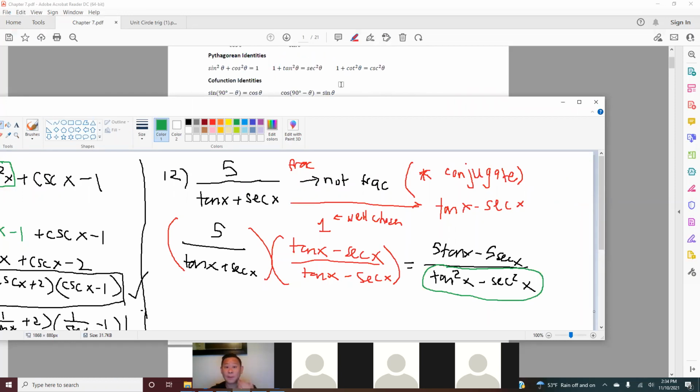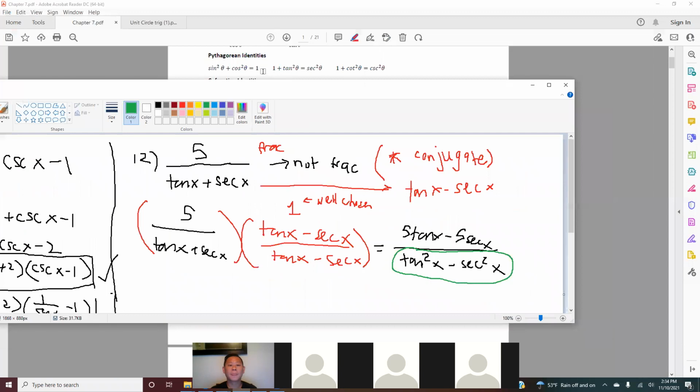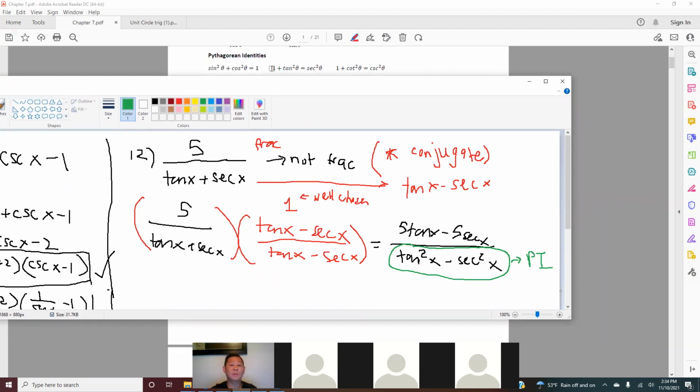So we can actually apply what? Pythagorean identity here. So you can tell that majority of the time that you see here, we use a lot of Pythagorean identity. But which Pythagorean identity should we apply for this? 1, 2, or 3? 2. So the second one.